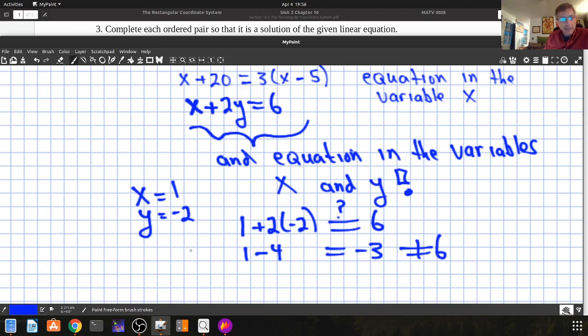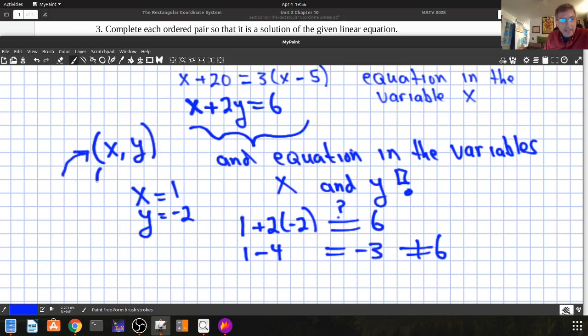Can you anticipate what we're going to be doing? I've already got a way to group together x and y. They're called ordered pairs.